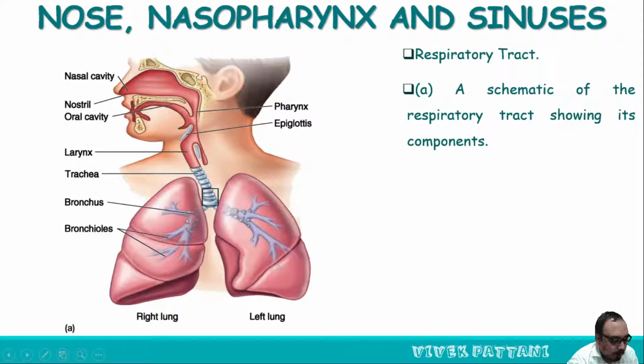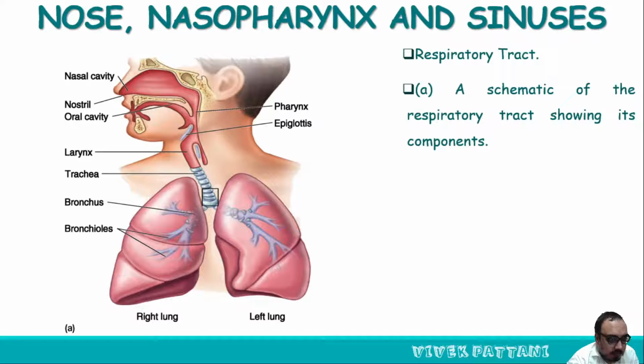And this trachea now bifurcates into left and right bronchi as it reaches the lungs, which you can clearly see in the diagram also.